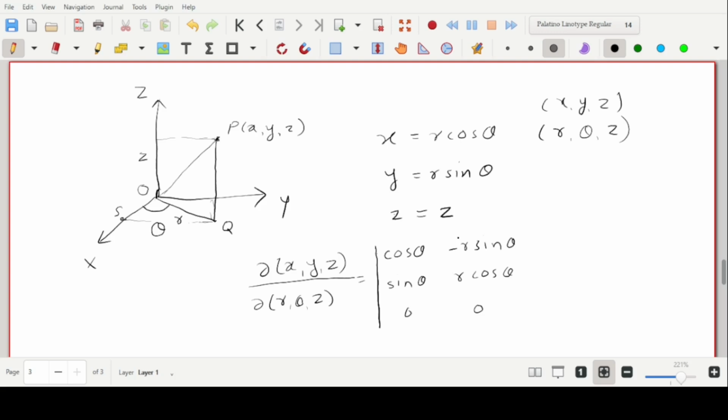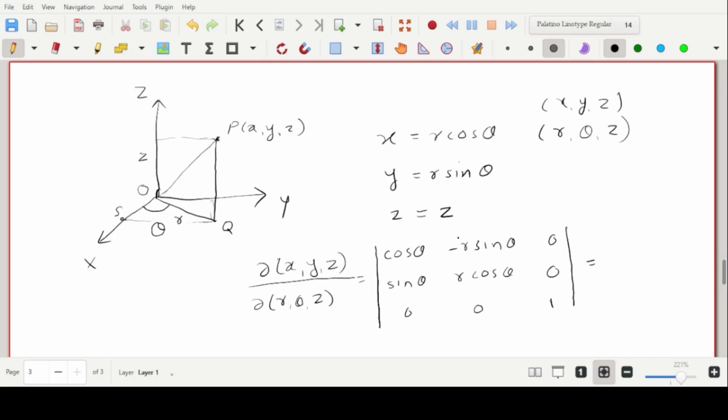And now del x over del z is 0, del y over del z is 0 because both x and y are not functions of z. Here there is no term of z in the expressions for x and y, and del z over del z is 1.